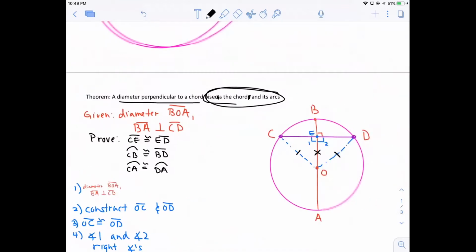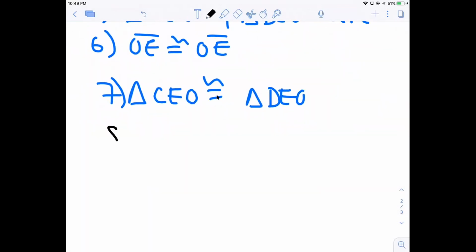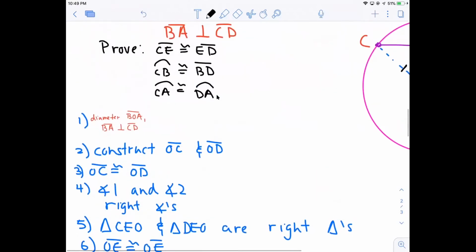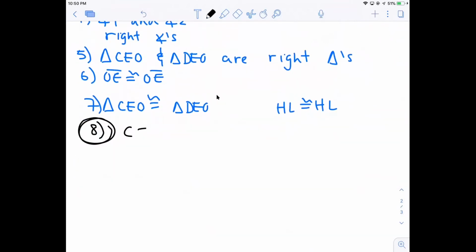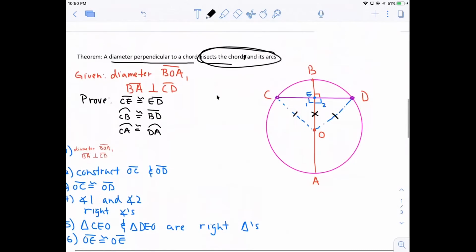All right, so now coming back to here, we can prove one of those things we want to prove. We can prove this guy, CE is congruent to ED, and that is done by CPCTC, because we proved those two triangles congruent.